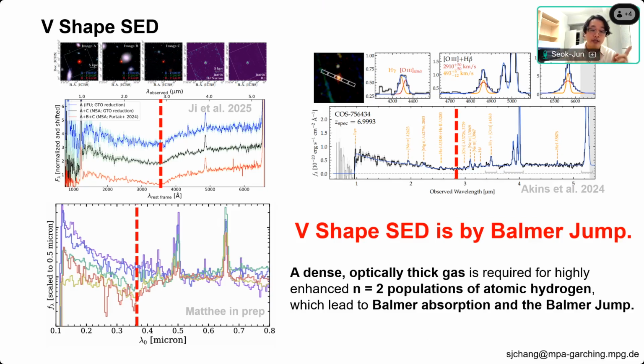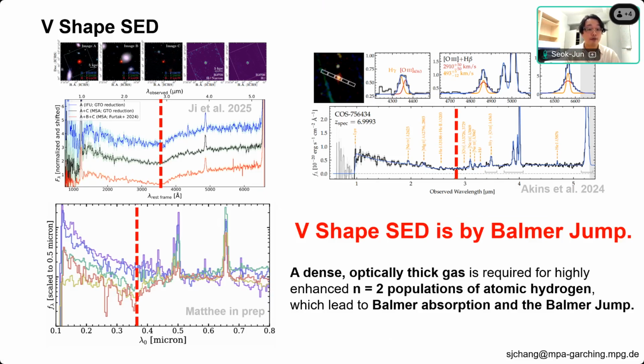But there is another interesting scenario about this V-shaped SED. As I mentioned, firstly people detected the LRD with the broad H alpha line. Obviously people thought this was an AGN, but there's no IR excess and also a lack of X-ray luminosity.